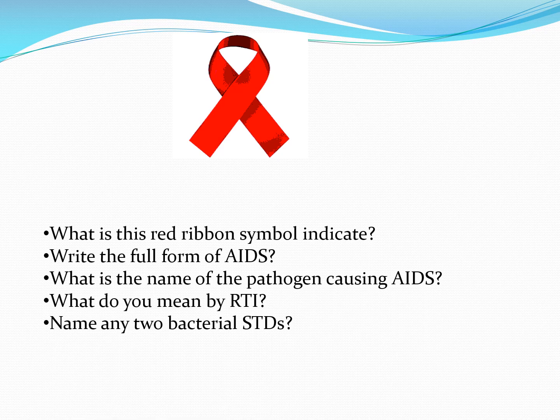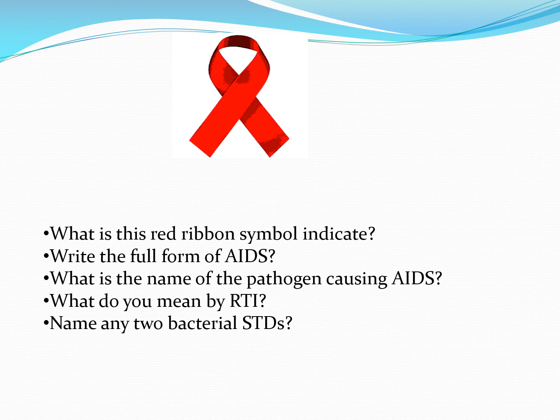Here, first question, what does this red ribbon symbol indicate? Red ribbon, a symbol of AIDS Day designated on 1st December every year. Actually, this day is dedicated to raising awareness of AIDS and the spreading of HIV infection.